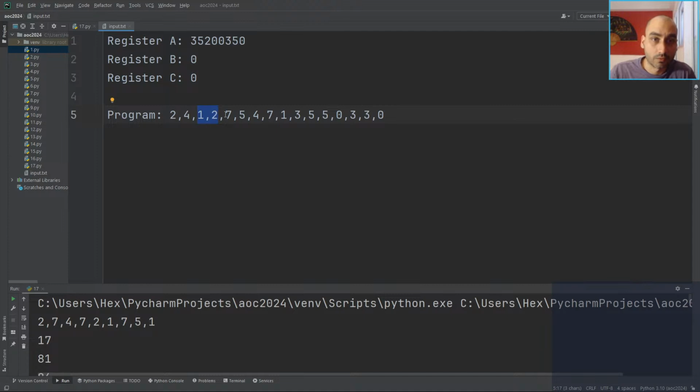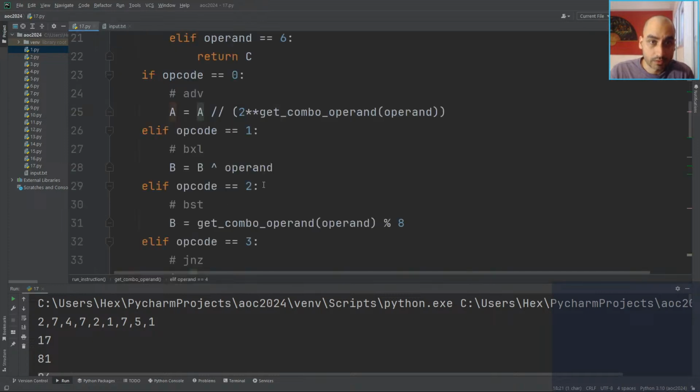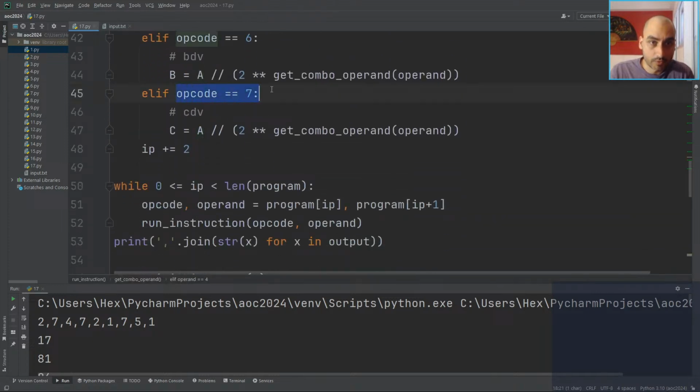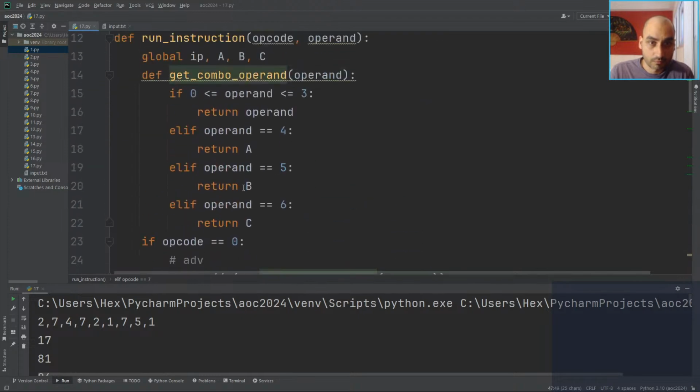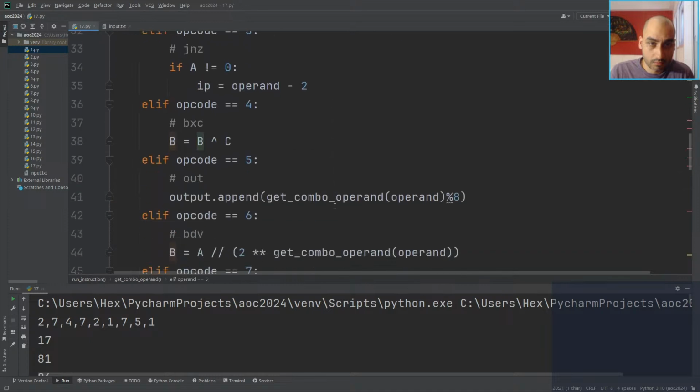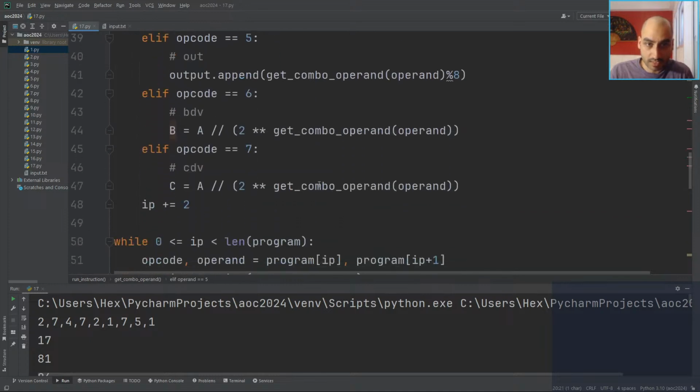Then we go to the next one, 7, 5. So that's opcode 7. So the get combo operand is going to be B. So we've got C equals A divided by 2 to the power B.